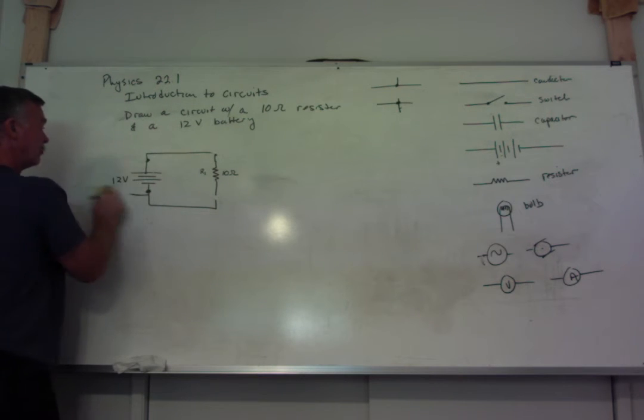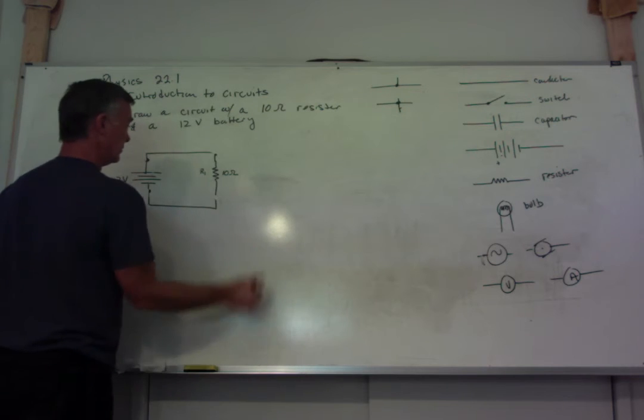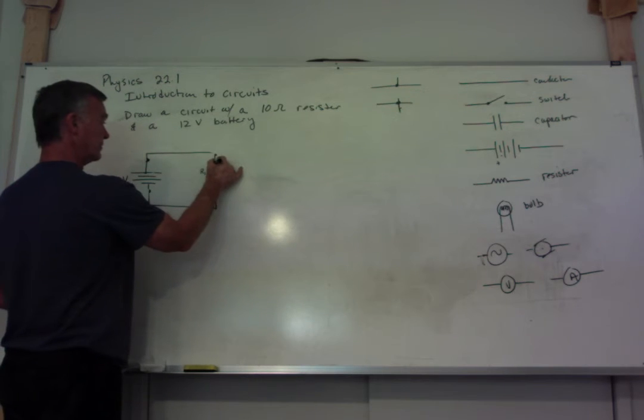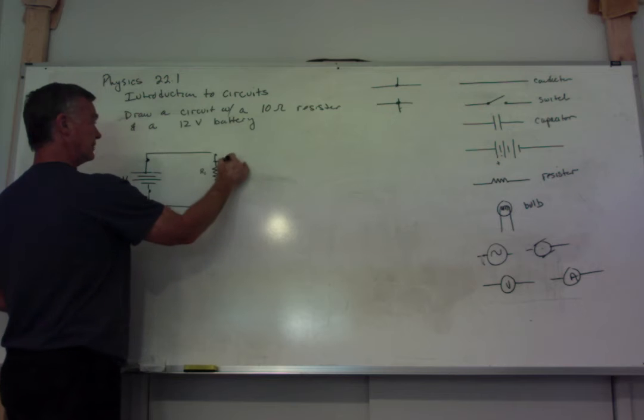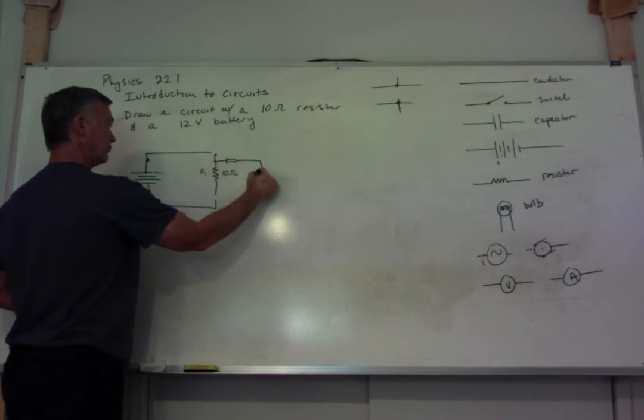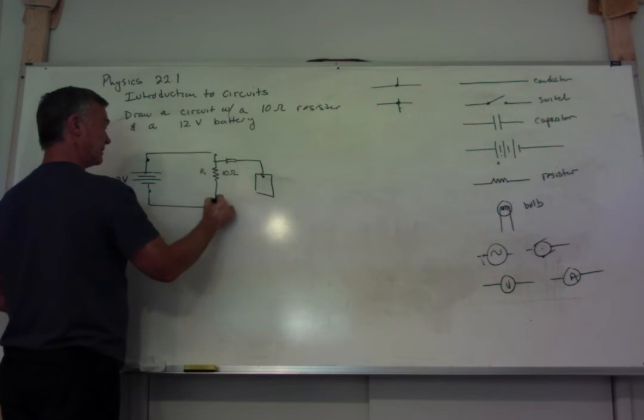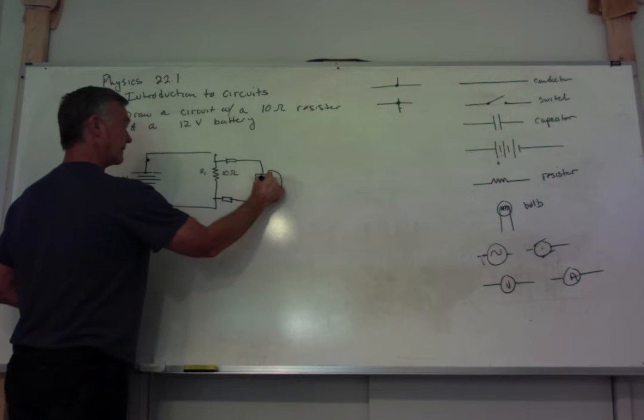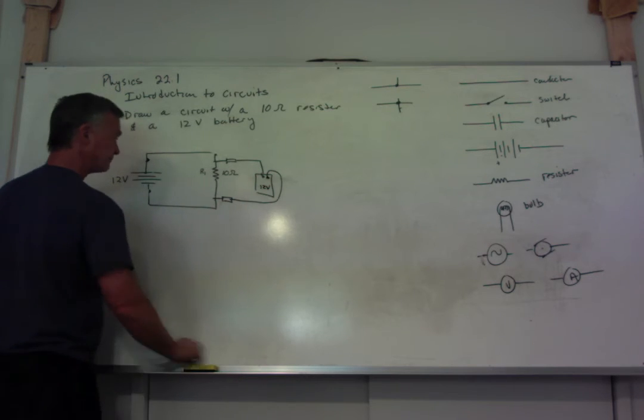So if you had bare wires right here, and I just touch my voltmeter, and usually a voltmeter has a little thing like that that goes on there, and I have my voltmeter, this would get plugged in. This would read 12 volts on there.